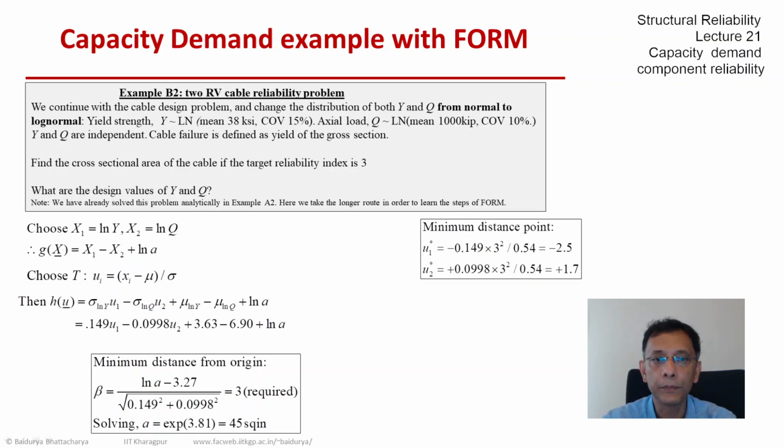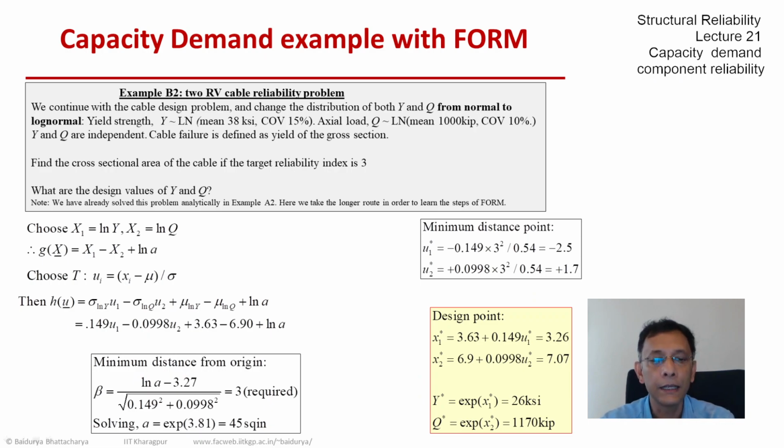It's 2.5 standard deviations below the mean, and for the load it's 1.7 standard deviations above the mean. In comparison, the numbers were a little different. Previously I think it was something like 2.7 for the strength and about just 1 for the load. So again, these results depend on the distribution and the map.